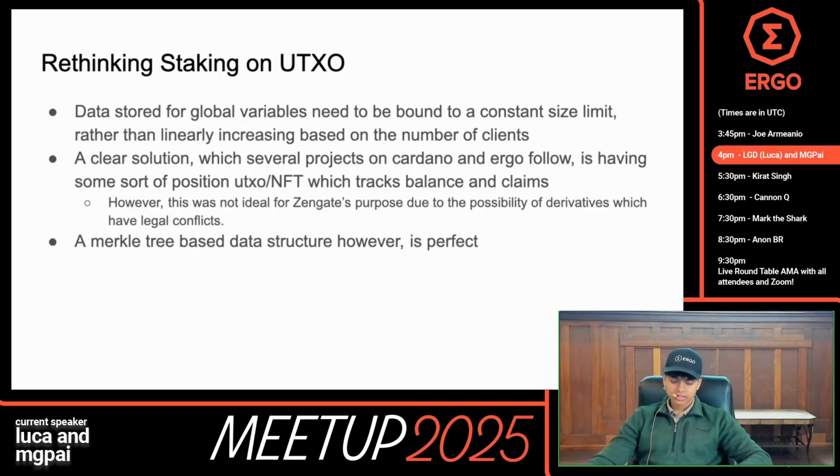So I thought of this data structure called a Merkle tree, and this was absolutely perfect. On Ergo, you have the AVL tree, and it's quite similar, so it can just translate to Ergo. Also, what's really interesting is that the Merkle tree data structure was just implemented at a contract level on Cardano. However, in ErgoScript, you have an AVL tree as a native data structure within the language.